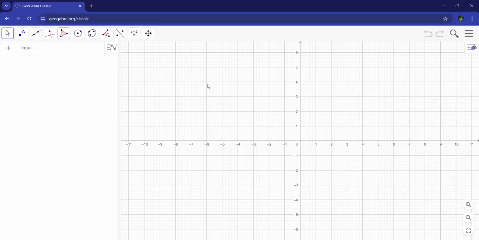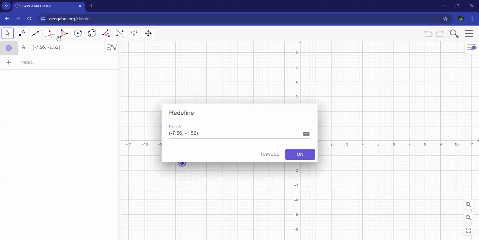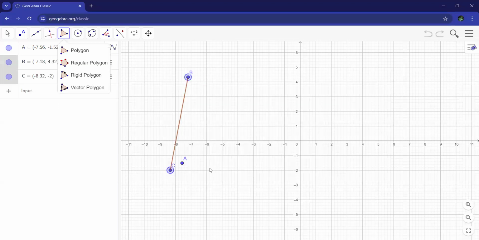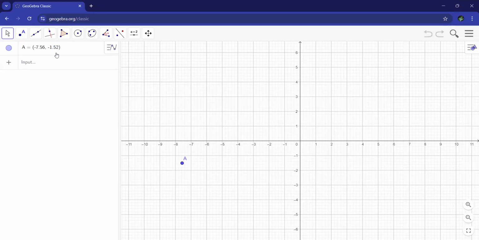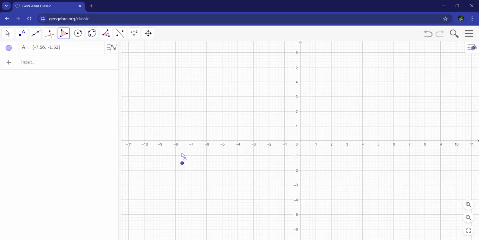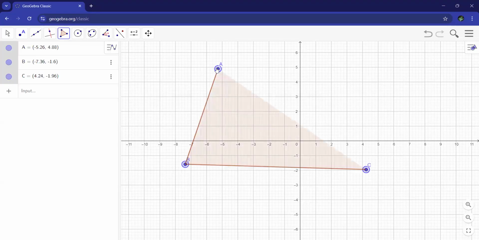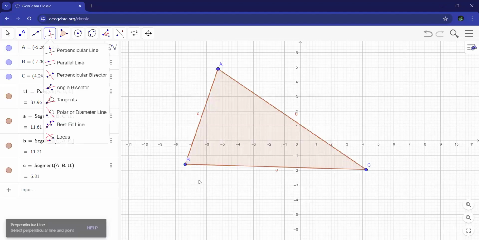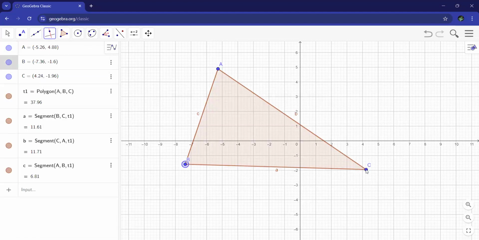So we have a triangle ABC. We have the perpendicular bisectors of all three.